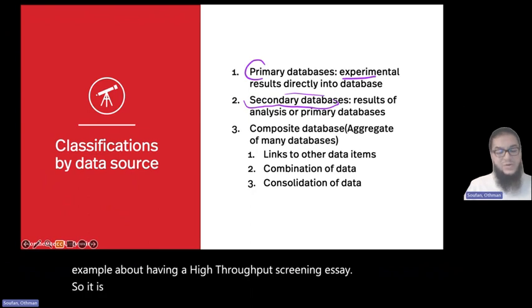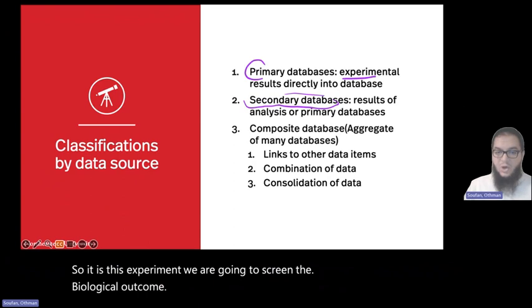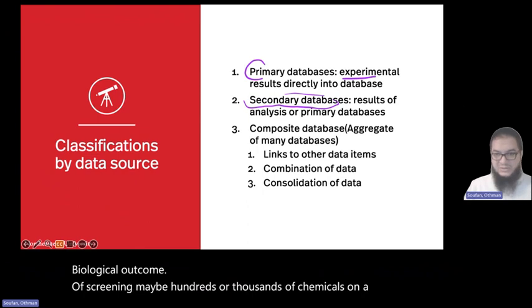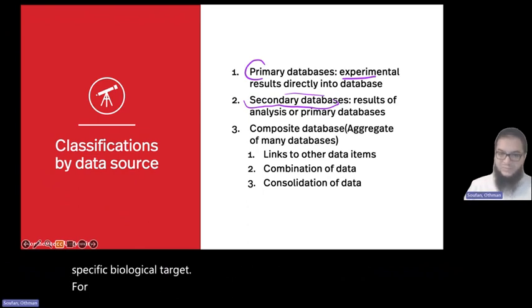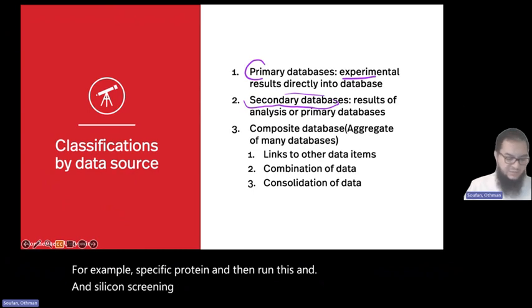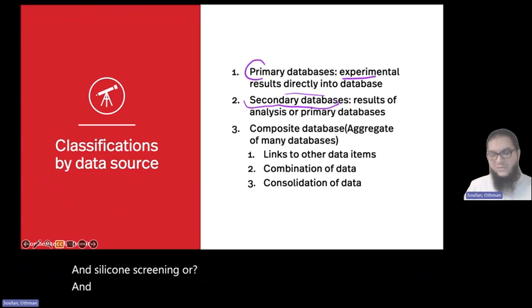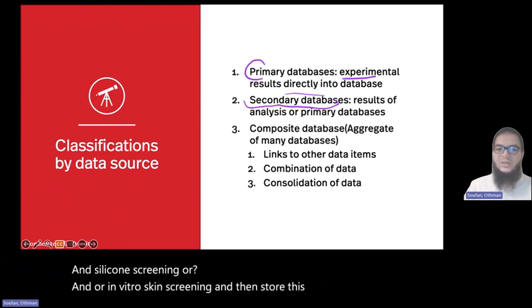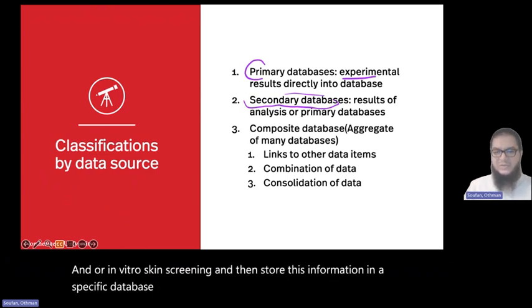It is an experiment where we screen the biological outcome of maybe hundreds or thousands of chemicals on a specific biological target, for example a specific protein, whether in silico or in vitro screening, and then store this information in a specific database. We can refer to this as a primary database.